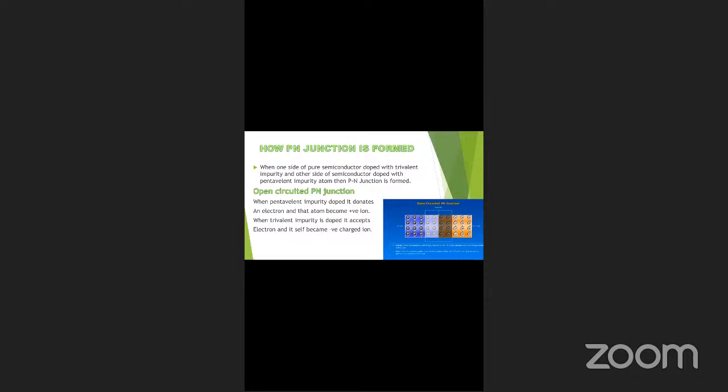Now, N type of semiconductor. N type of semiconductor is obtained when a controlled quantity of pentavalent impurity atoms like arsenic and antimony are added to pure semiconductor. Pentavalent impurity atom has 5 valence electrons in its outermost orbit. It means there is 1 free electron. This free electron is available for electric conduction.